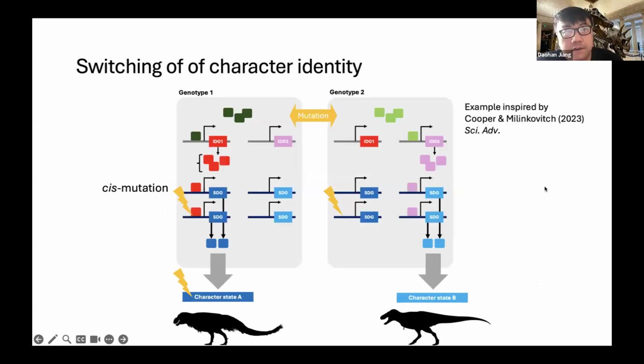The other kind of evolutionary change is switching of character identity of a given body part. In this case, there are mutations that will shift the trans-regulatory environment and turn on and turn off the identity genes. There would also be mutations affecting the downstream, affecting the phenotype of a given identity.